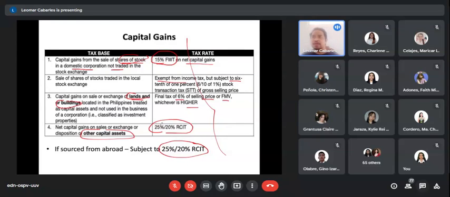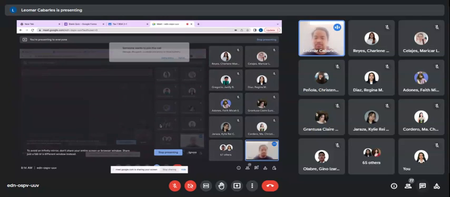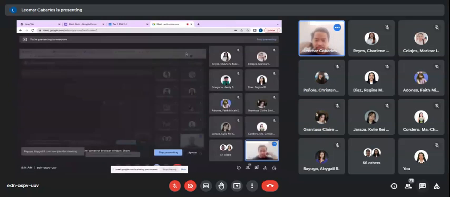Anong napansin nyo, class, sa passive income and capital gains? Is it still subject to final withholding tax pag sourced from abroad? What do you think? Kasi generally, pagka passive income, ang tax niya, hindi yung ordinary or RCIT, no? But rather final withholding tax. Okay?